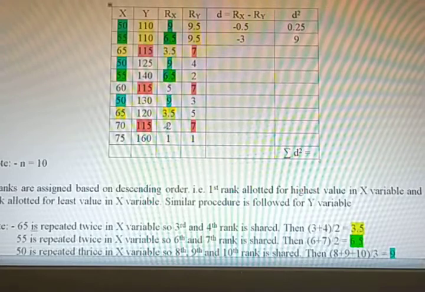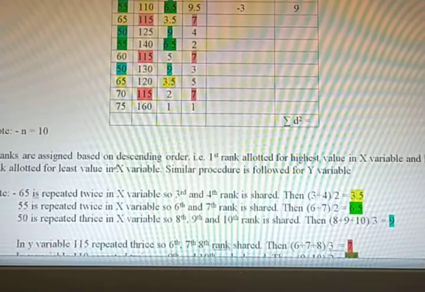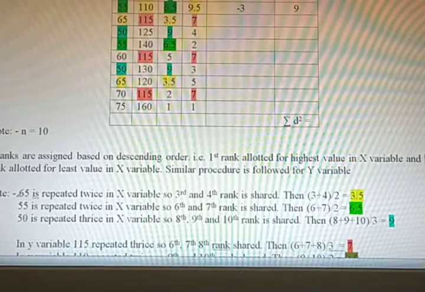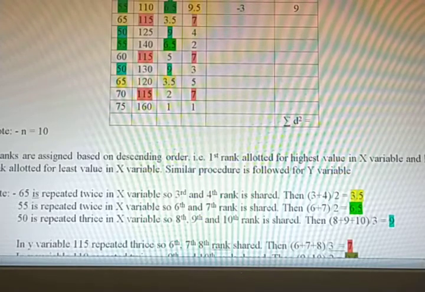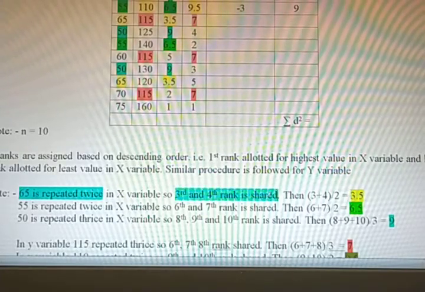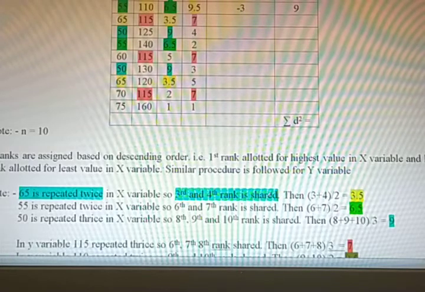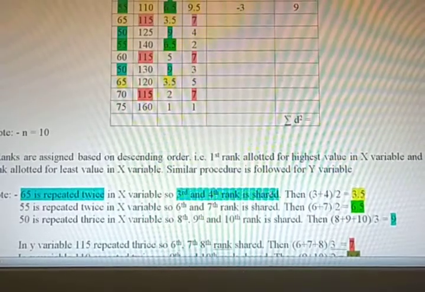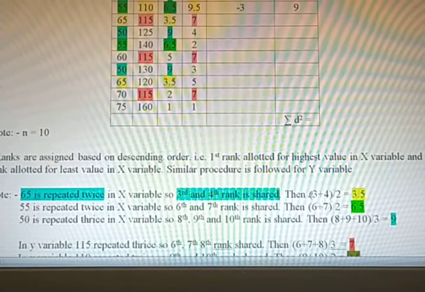We have allotted ranking up to 2, so the next ranks, third and fourth, should be allotted to the two 65 values. These ranks are shared between the two values, so practically we write the average of these two ranks. How do we get that average? 3 plus 4 divided by 2 is 3.5. That is why for 65 and 65 we have written 3.5 and 3.5.